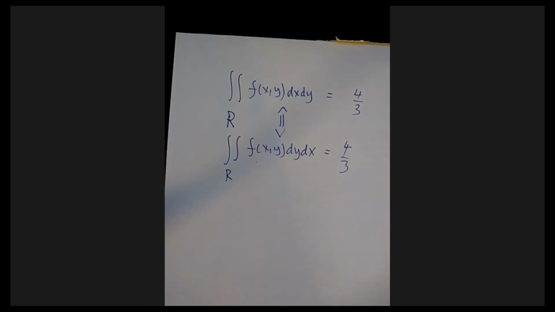The analogy might be, can you remember doing differentiation of some functions and it would be easier to do the second derivative y first, x second, rather than x first and y second? Clairaut's theorem, essentially. Okay, so you can imagine there may be some situations where that would be of benefit. It is a nice property for a function to have.